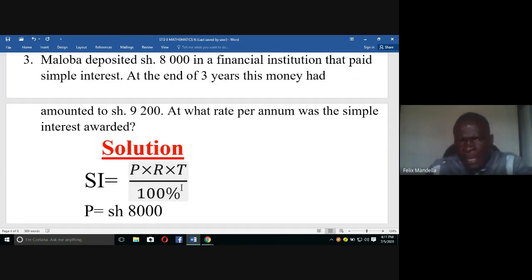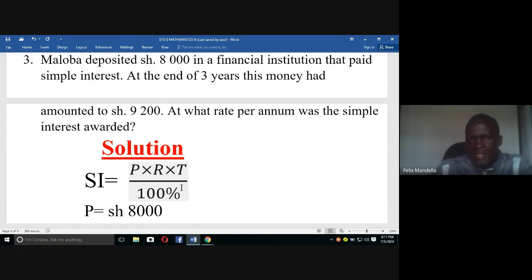Now, Maloba deposited 8,000 in a financial institution that paid simple interest. At the end of 3 years, this money had amounted to 9,200. The 8,000 he had taken to the bank had become 9,200. So, meaning there's some interest the money has earned. What is this interest?